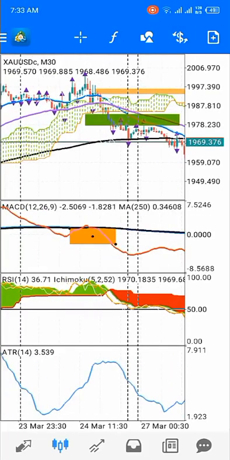So the indicator 1 strategy is quite simple. As you have a crossover to the upside, you buy or you look for buying opportunities, and as you have a crossover to the downside, you look for selling opportunities.